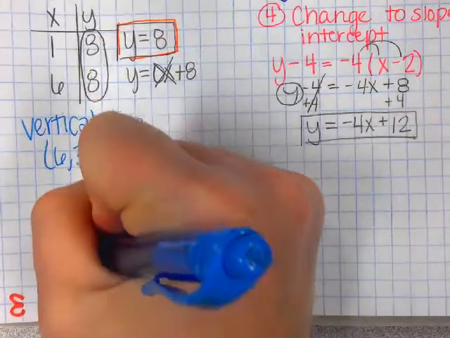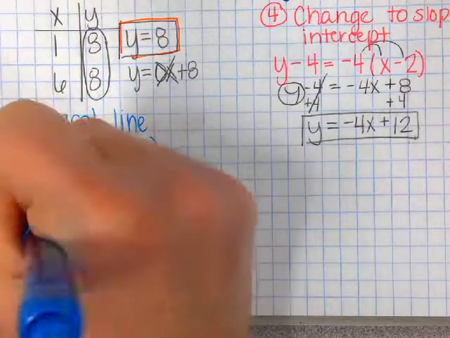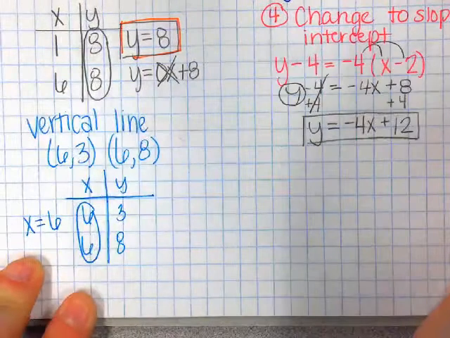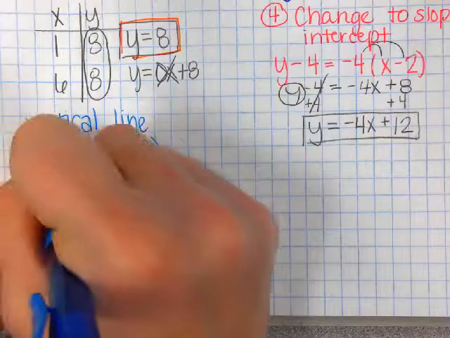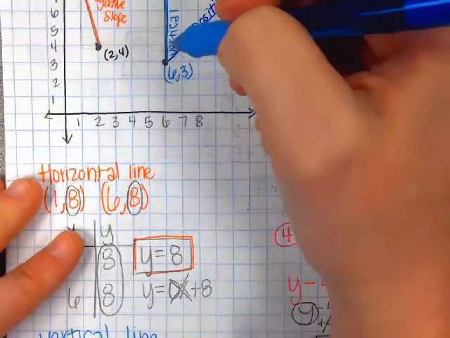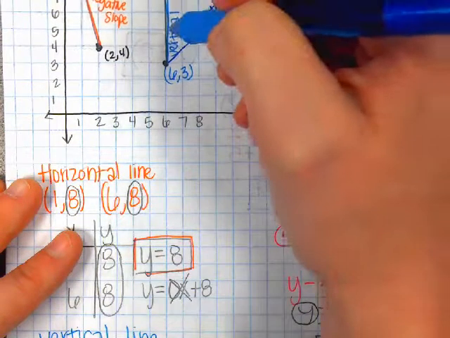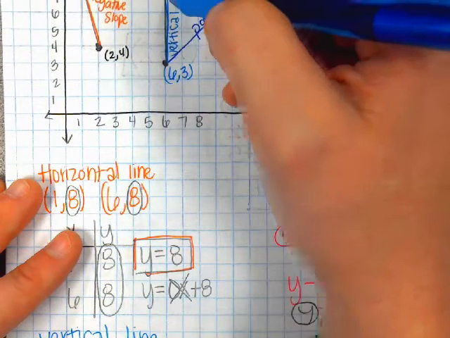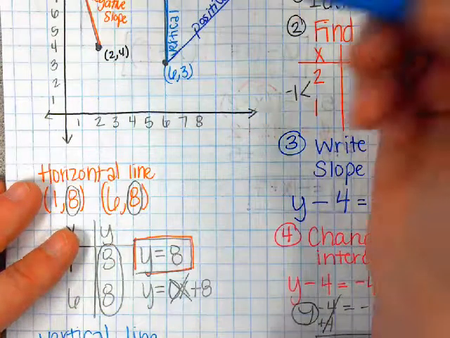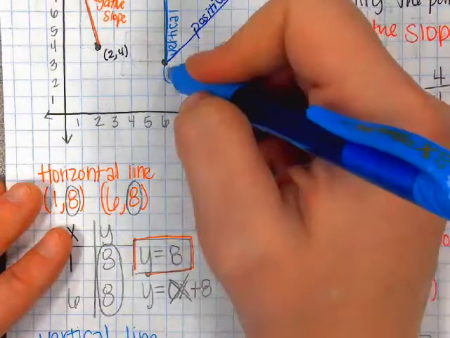Notice the y values are different. It's the x values that are the same. So then it would just be x equals 6. Because it's the x values that all equal 6. Anywhere along that line, the x value is going to be 6. 6, 4, 6, 5, 6, 6, 6, 7. All x values are the same.